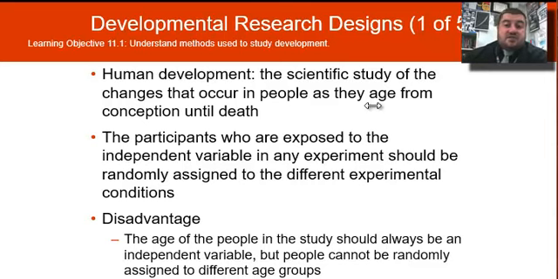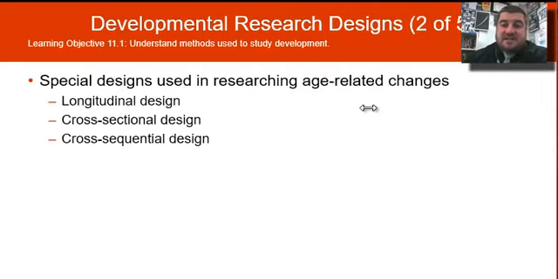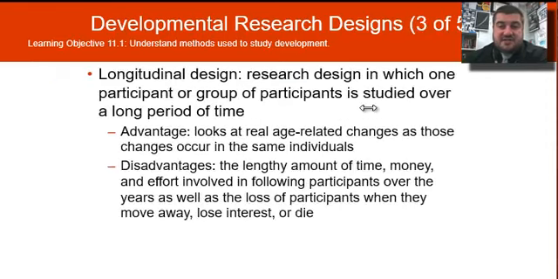The participants who are exposed to the independent variable in any experiment should be randomly assigned to the different experimental conditions in these research designs. The disadvantage is that age should be an independent variable, but people cannot be randomly assigned to different age groups. So that's why we have these longitudinal, cross-sectional, and cross-sequential designs.